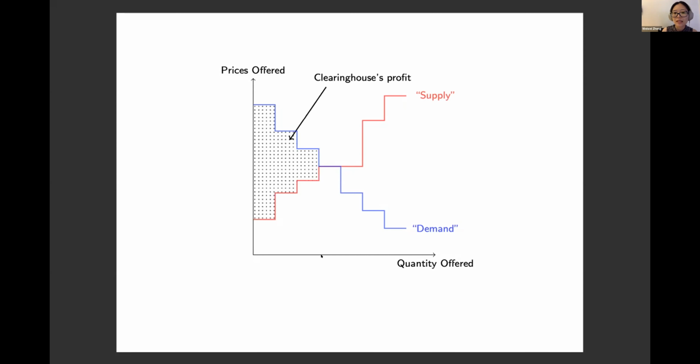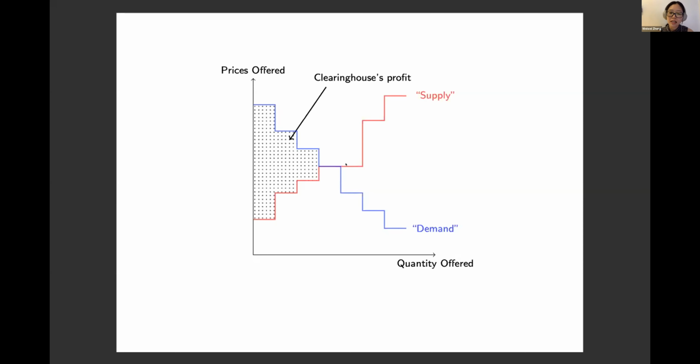And we also make the clearinghouse execute as many transactions as possible. So in this case, the clearinghouse will buy from all sellers to the left of this point and sell to the buyers on the left of this point. And in case of a tie, a random draw will happen between these two, and one of the sellers trades the good.